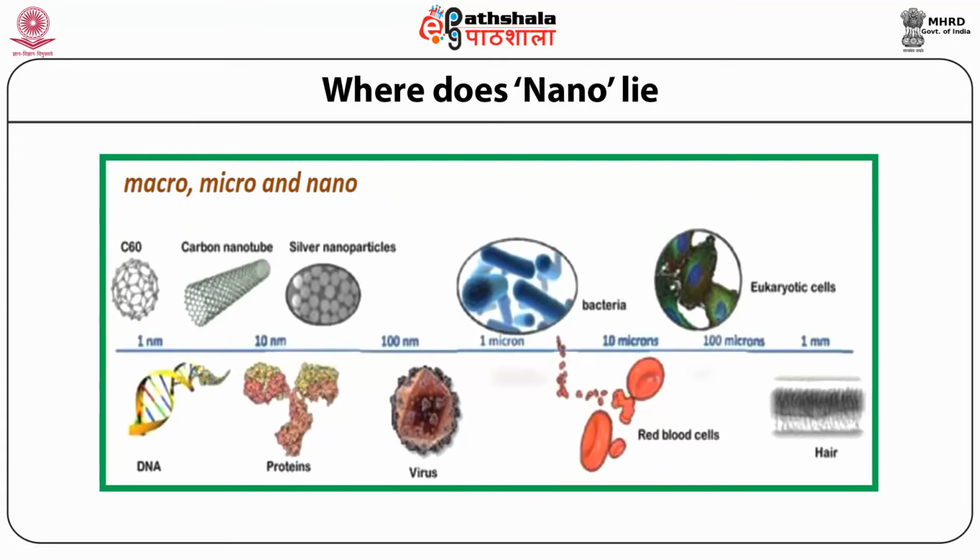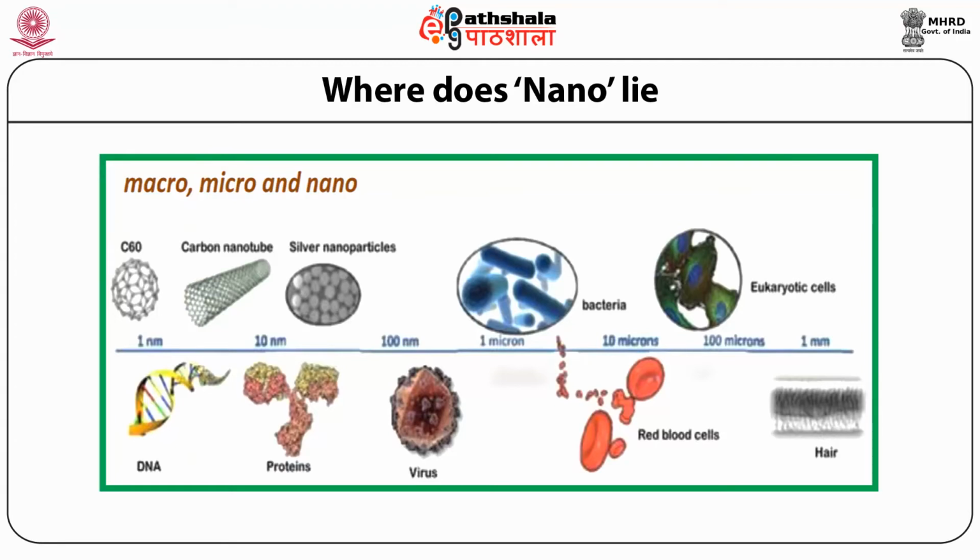This figure compares the size of various objects on a nanometer scale. Some examples of nanoscaled objects encountered in daily life are as follows. Our fingernails grow 1 nanometer per second.